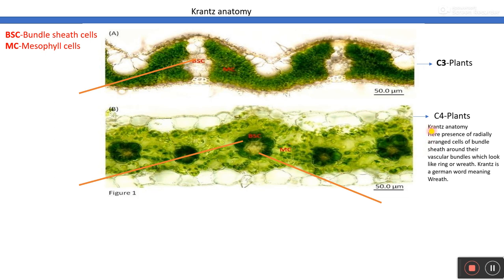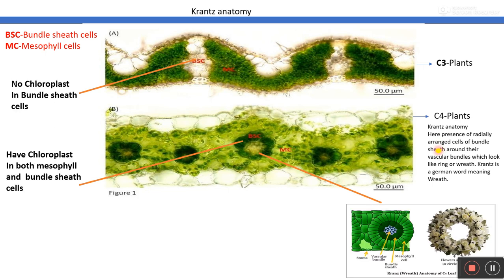So the leaf anatomy of C4 plants is generally known as Kranz anatomy. Why is it known as Kranz anatomy? Because here you can notice the presence of radially arranged cells of bundle sheaths around their vascular bundles, which look like a ring or wreath, right?